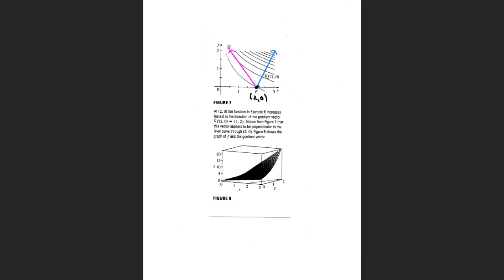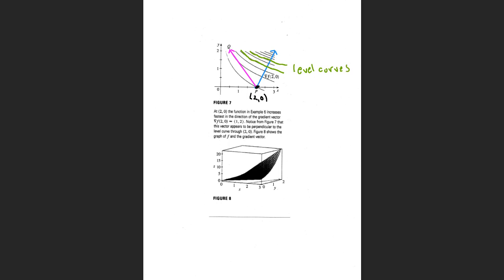And what do you notice about these level curves? Another thing you might want to notice here that's kind of interesting is, if you look at these level curves here, what seems to be true about the angle between the gradient vector and these level curves?